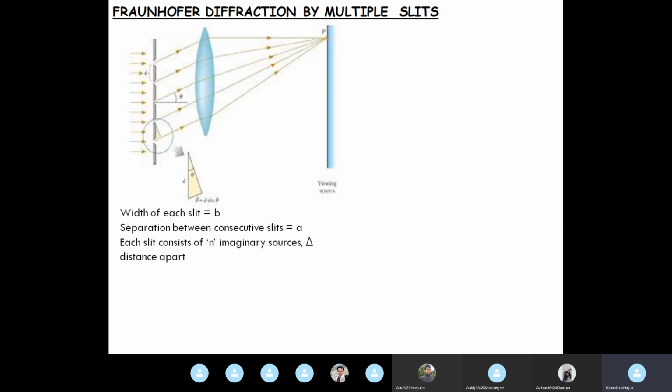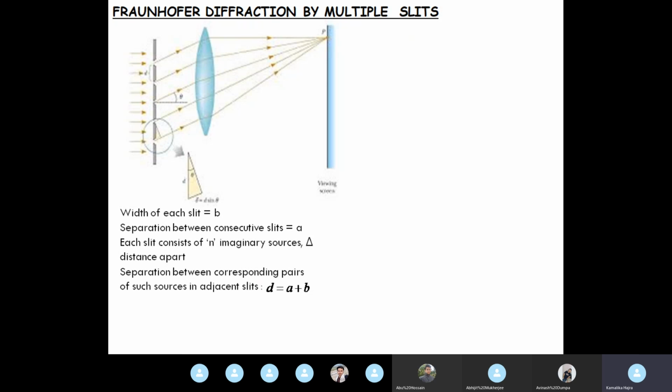So we have not changed our assumption now that we have multiple slits. Even here, each slit of width B would still consist of n imaginary points which are delta distance apart.